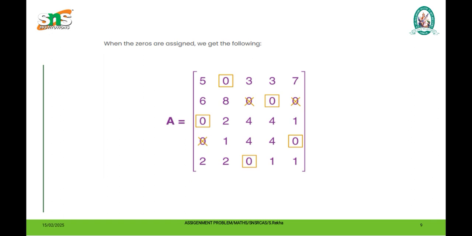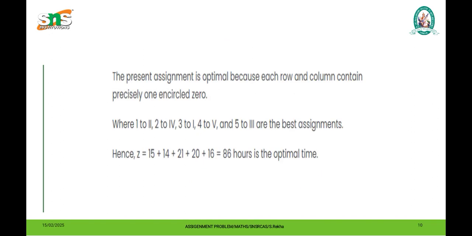So now each row has one assigned zero, and finally we can give the assignment schedule. Job 1 takes the second job, 2 takes the fourth job, 3 takes the first job, 4 takes the fifth, and 5 takes the third job. Like that we can make the assignment schedule, and after assigning we can calculate the optimal time.